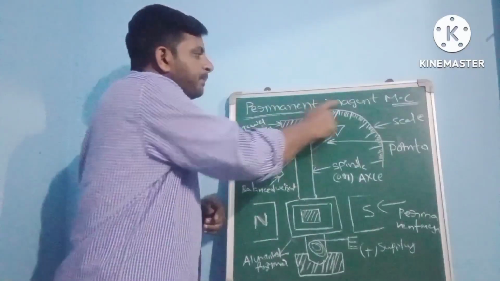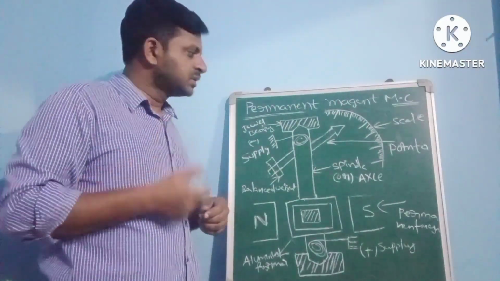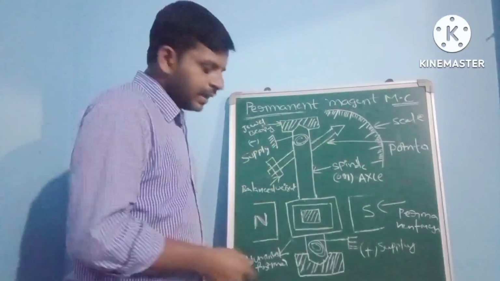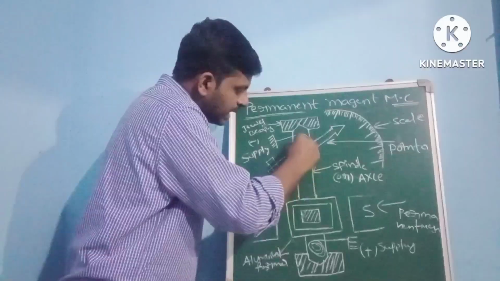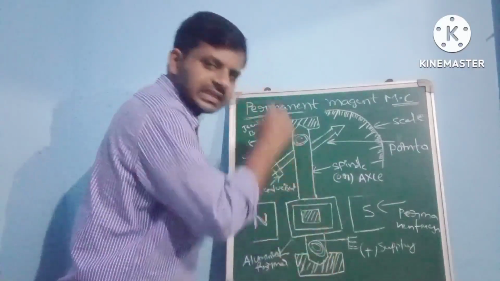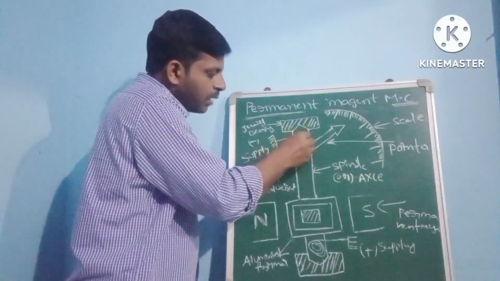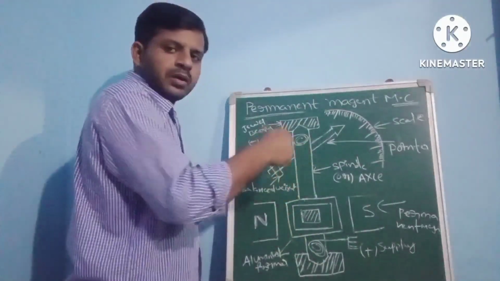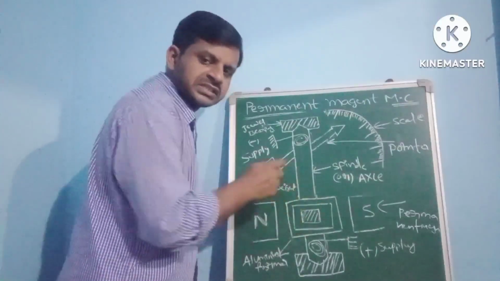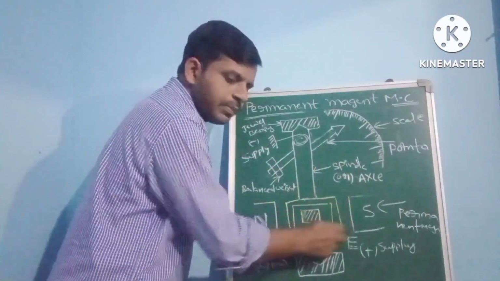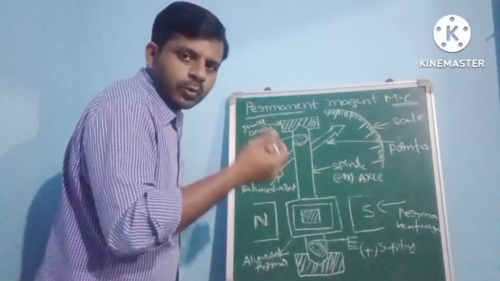Coming to the permanent magnet moving coil instruments, from the construction point of view, in between the permanent magnets we place a spindle, also called an axial system. On the spindle, at both the top and bottom, we wind a phosphor bronze spring. On the spindle we place an aluminum former, and in the aluminum former we use a copper winding as the core material.